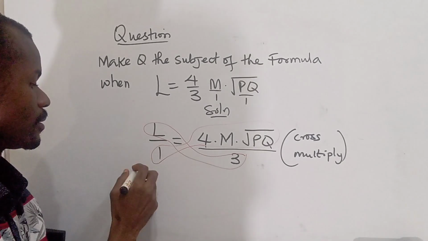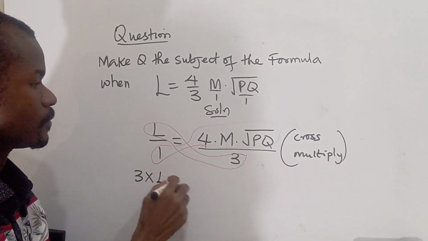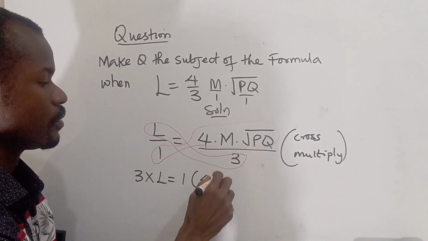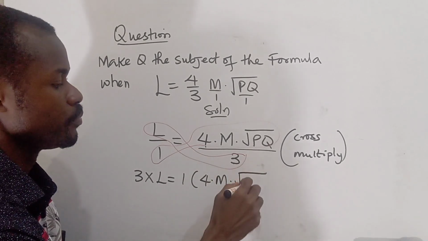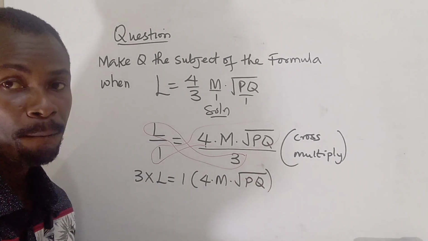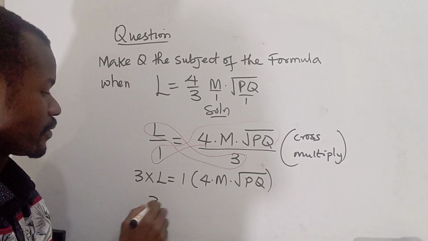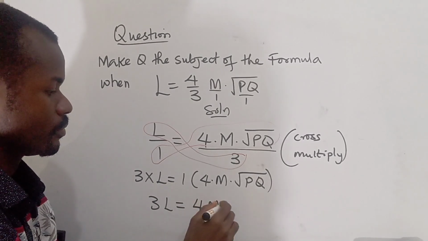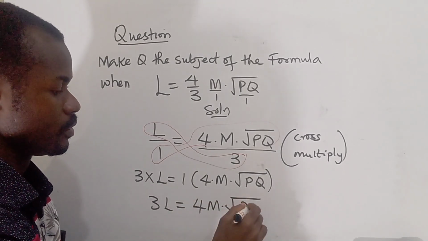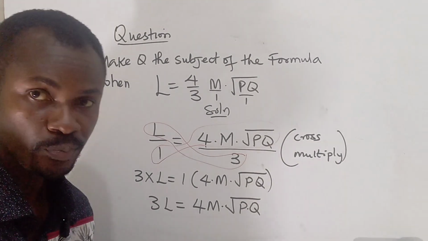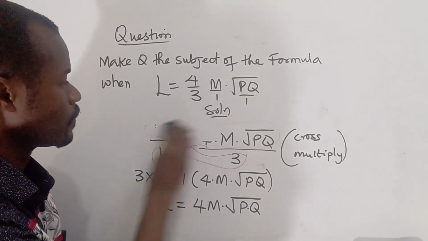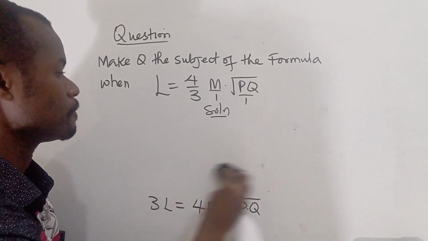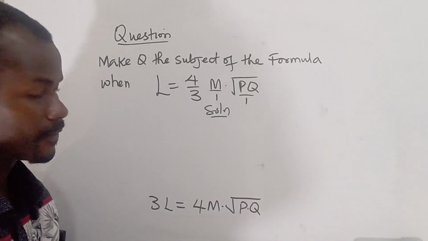So 3 times L, and 1 times this, so it's 1 times 4M square root PQ. So 3 times L is 3L, which is equal to 1 times this, which is 4M square root of P multiplied by Q. From that, we can now proceed to see what this gives us.